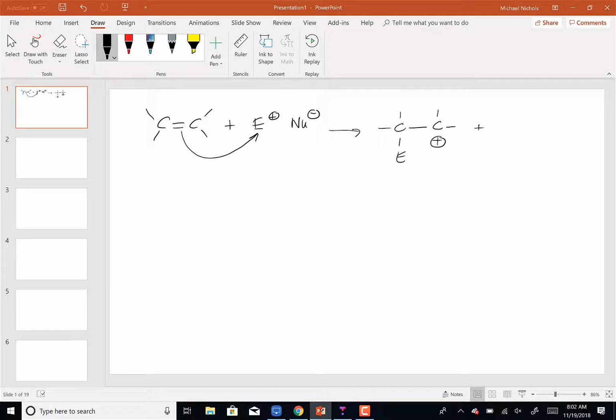At this point, it looks like an SN1 reaction. The nucleophile then comes in and adds to the carbocation, so that I end up adding the electrophile and the nucleophile across the double bond.